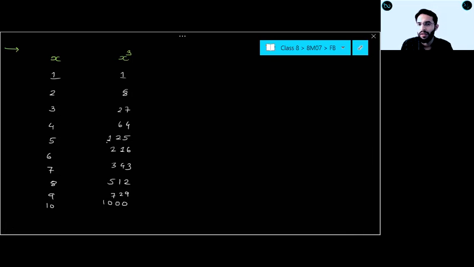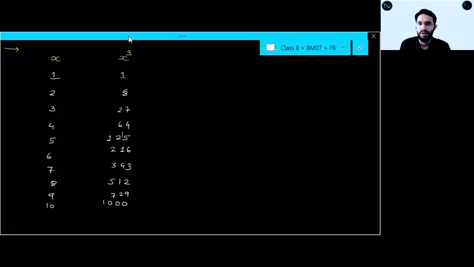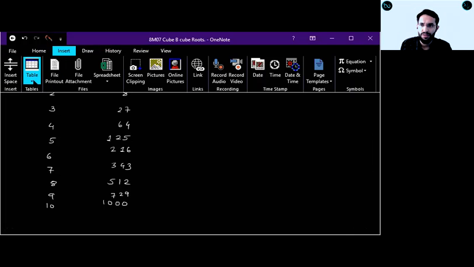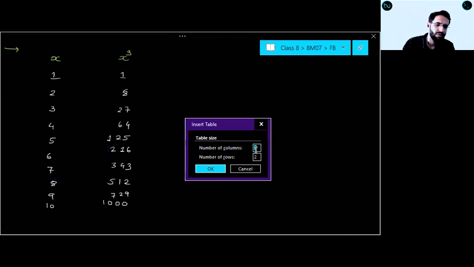Now let us observe their unit digits, and let us make one new table as well. If I insert a table here, it will be better visible. The number of columns should be 2 and the number of rows should be 11.